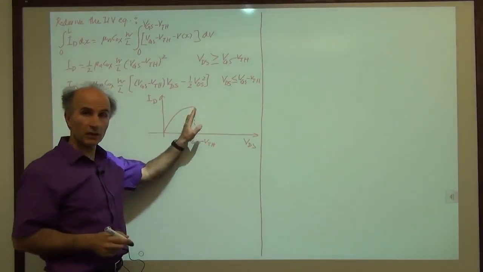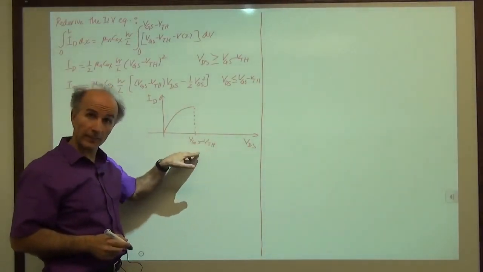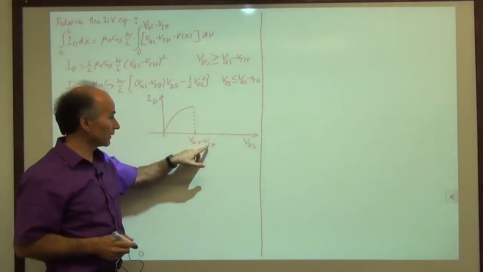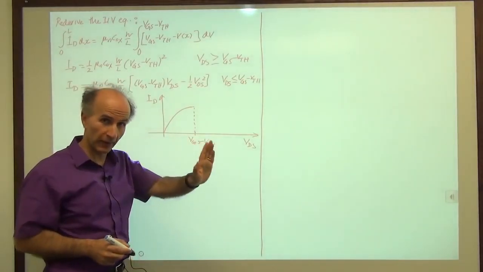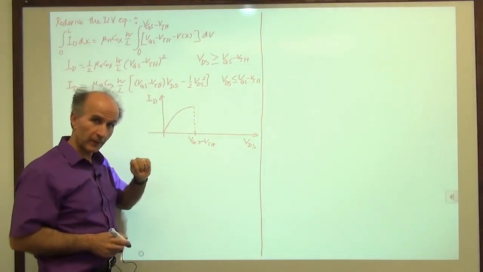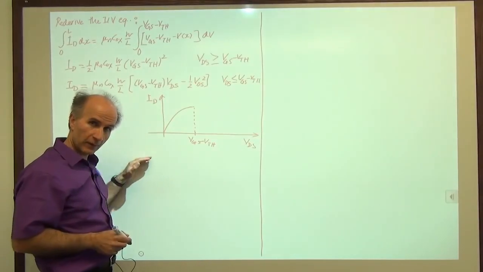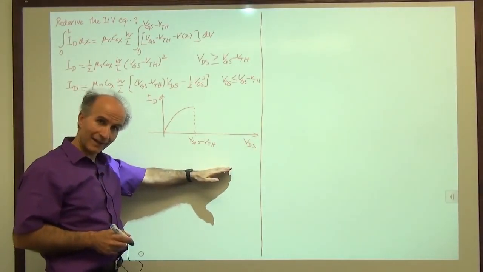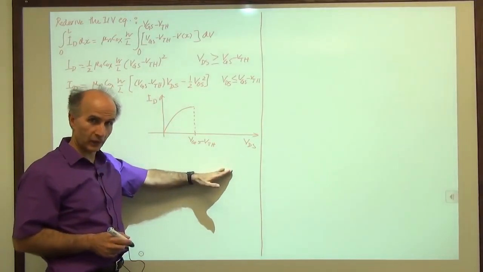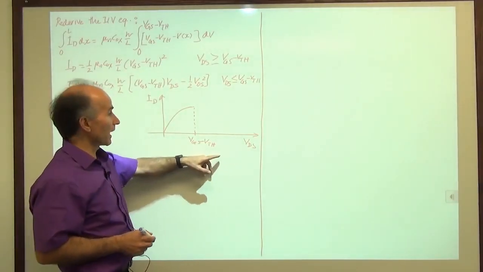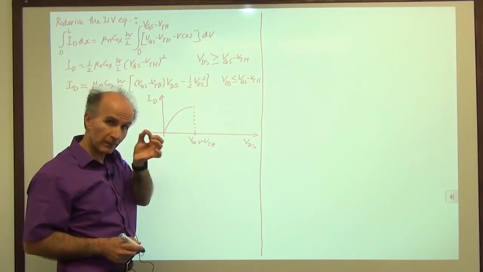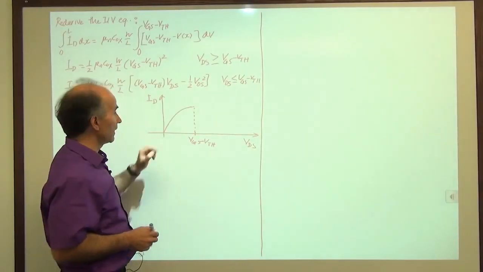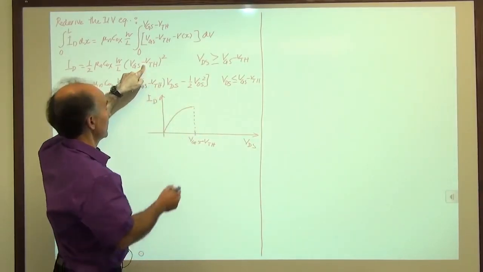Once VDS has gone up enough to create only one threshold difference with respect to the gate, we don't have channel anymore beyond that point. So we have pinch-off. We have channel starting from the source all the way to somewhere near the drain, but then we don't have any channel. So now if VDS keeps increasing, and if we assume that the pinch-off point is about constant, then the drain current is constant, given by this value.